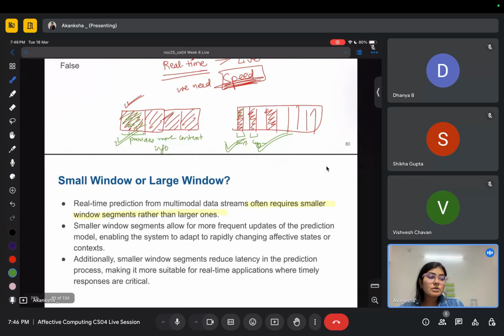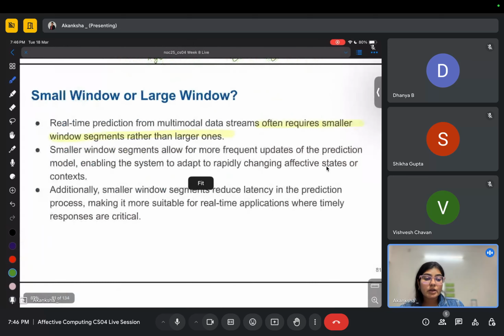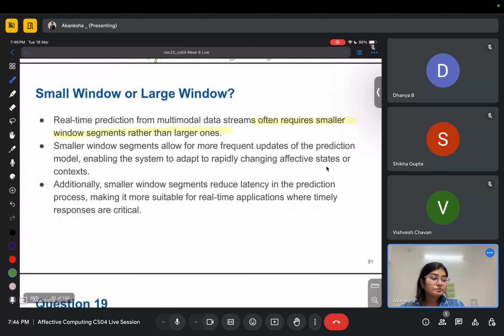So it depends on your application. This is a trade-off. You want to take as much context as you can, however, it requires more compute. In real time, we want to reduce the latency, and smaller windows being processed reduces the latency and makes it more suitable for real-time applications where timely responses are critical.